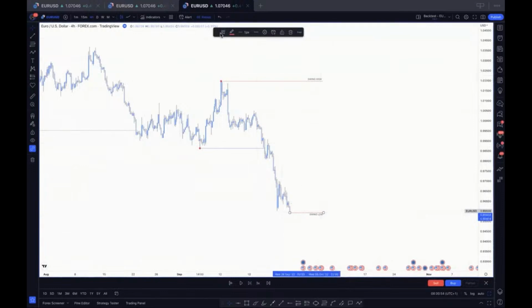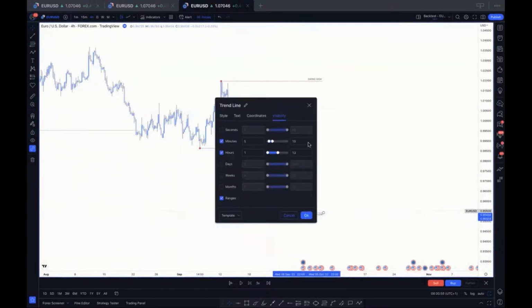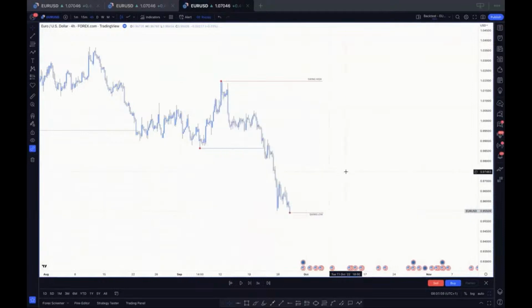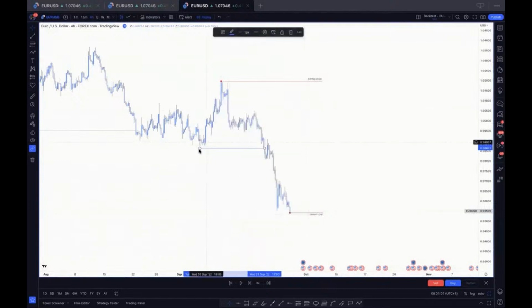And then the same thing also with this, the swing low. Go to settings, visibility, I'll choose minutes also, and good. Also the same thing with this line, I think. Yeah, I want to see that on the 4R. And I'm not sure why it's not showing me this, my low point, but anyways, I have the line, so that'll suffice.